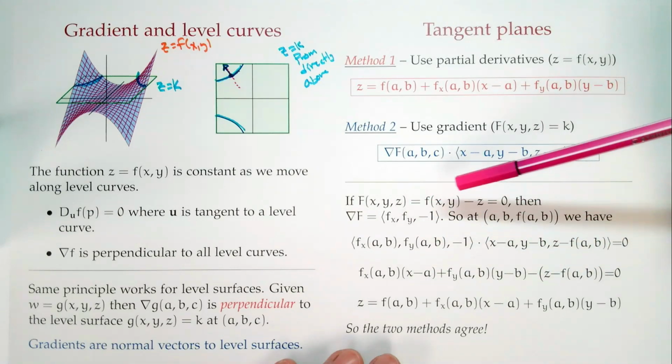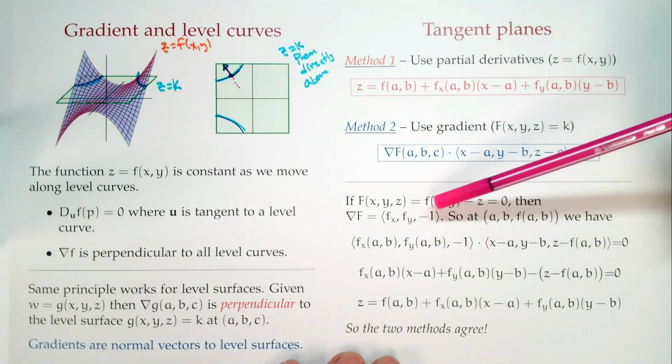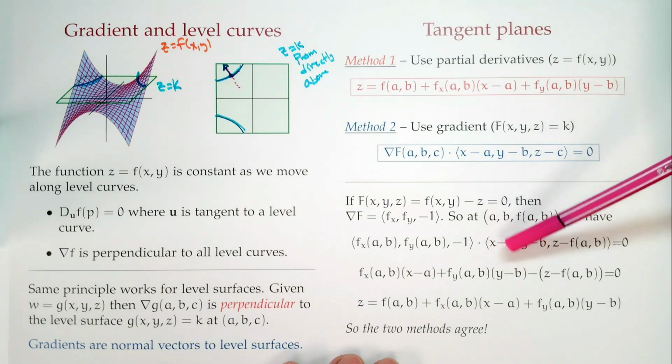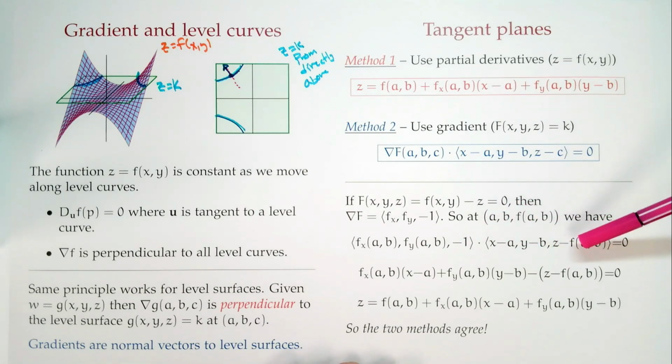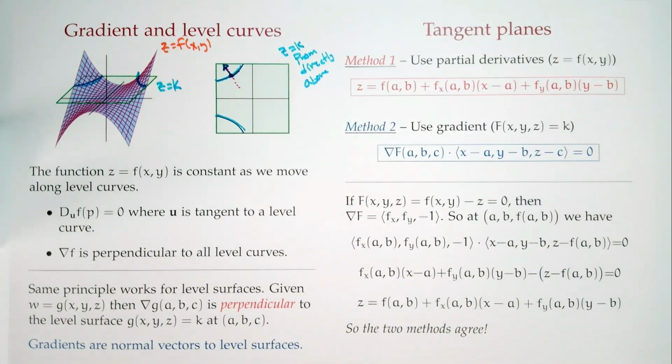So we get our gradient, f sub x at a, b, f sub y at a, b, negative 1, dotted with x minus a, y minus b, z minus f of a, b. Take the dot product, set it equal to 0. Then if you rearrange, and you're very patient, it turns out you get what you should get. So the two methods agree.